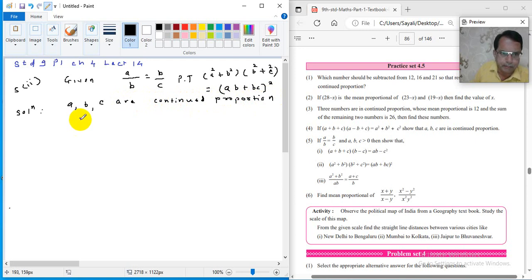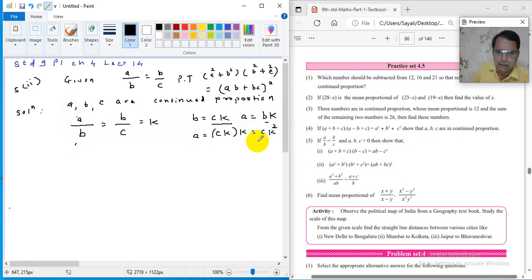A upon B is equal to B upon C. So let it be K. त्यामुळे B म्हणजे CK होणार. B is CK आणि A is equal to BK. कारण काय, A upon B हे पण K आहे, पण त्यातल्या B ला आपण हे CK टाकू शकतो. So A will become CK into K. So it is what? CK square. A is CK square and B is CK.